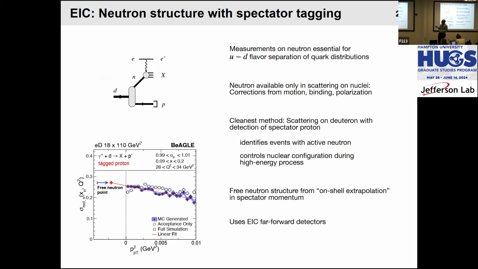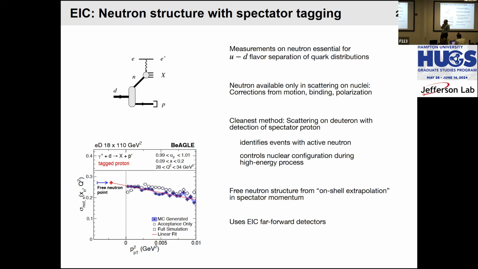That is in particular necessary to perform the flavor separation of the quark distribution, to separate u and d quarks using isospin symmetry. Essentially, the d quark distribution in the neutron is equal to the u quark distribution in the proton. So it's very important to have that neutron information.